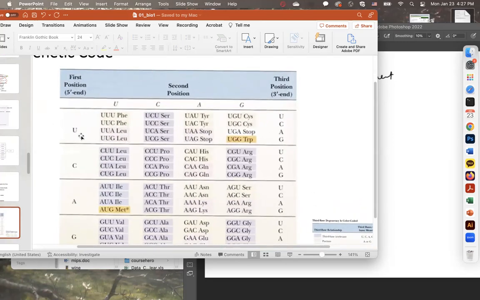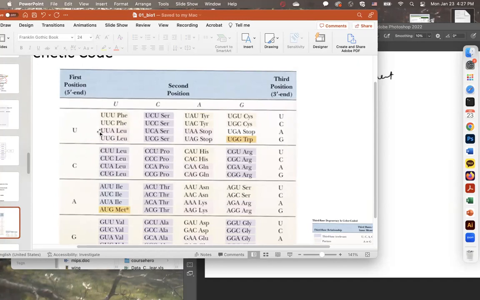So if you have the base sequence UUU, U being the same as T in DNA, then the amino acid PHE is generated. I didn't bring the sheet, so I don't know the full name.